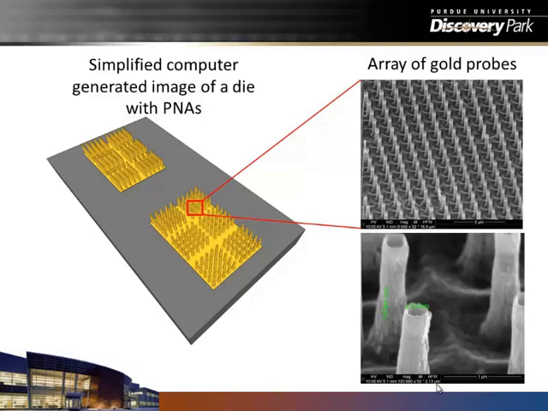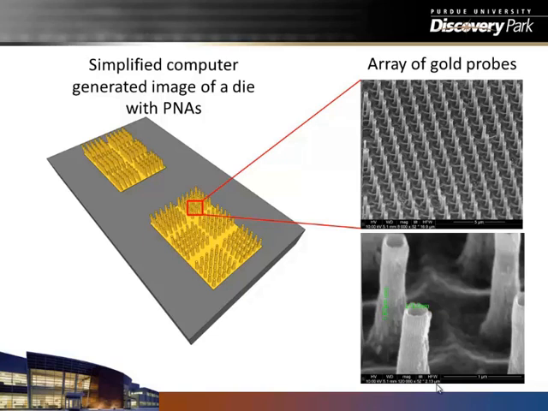So we have 1, 2, 3, 4, 5, 6 clusters of arrays of these gold tips. Each one here is shown for simplicity to be a 5 by 5 array. In reality, it's a 270 by 270 array. So we have about 73,000 in one of these.